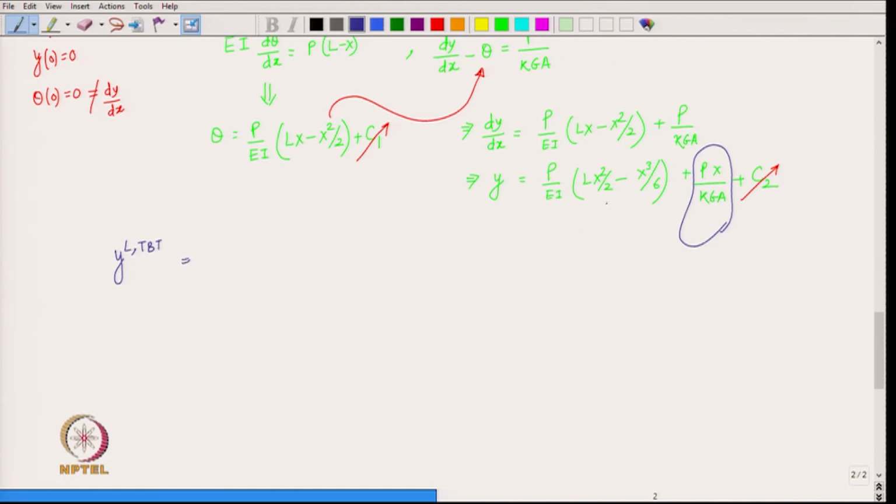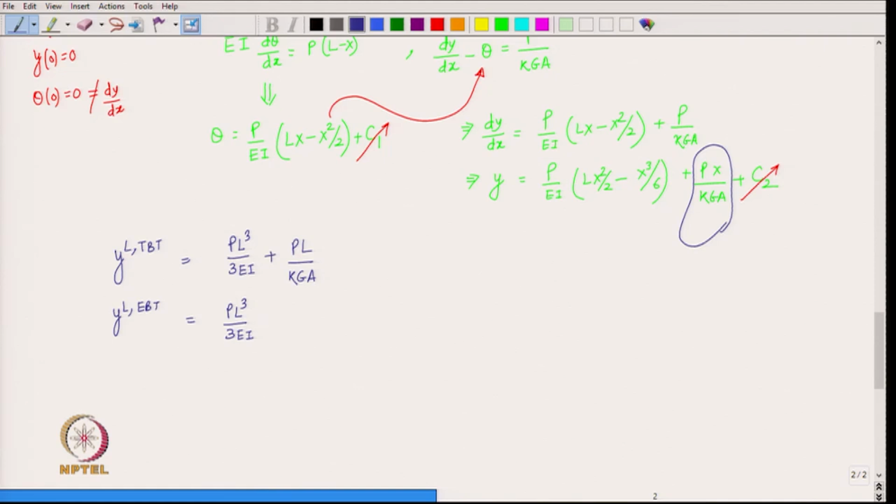If you substitute x equal to L over here, we get PL³/3EI plus PL/(kGA), whereas y(L) from Euler-Bernoulli theory is simply PL³/3EI.